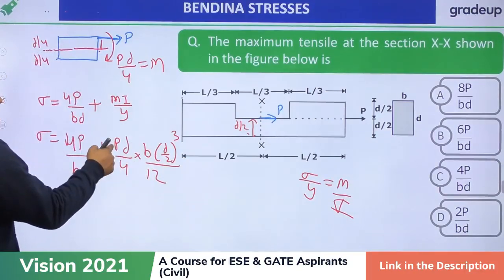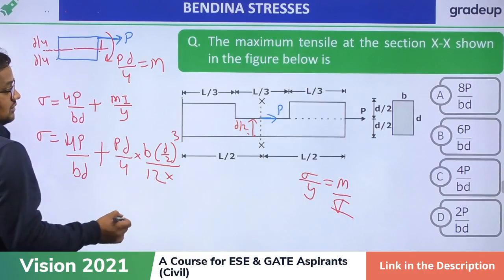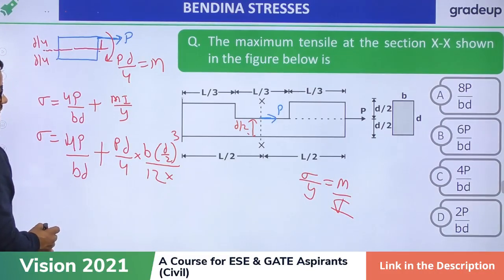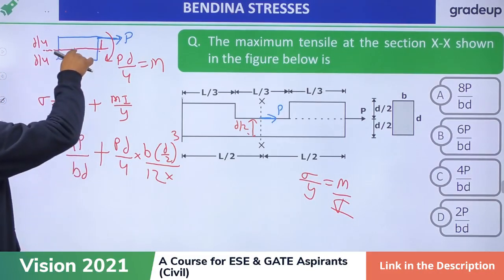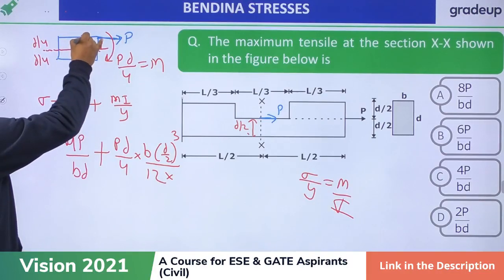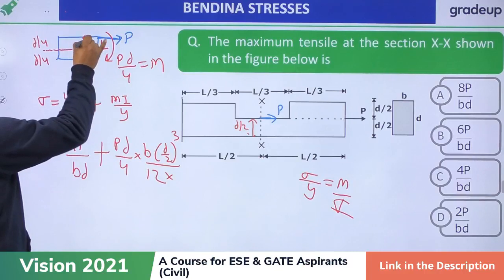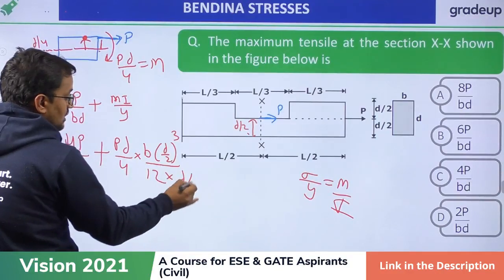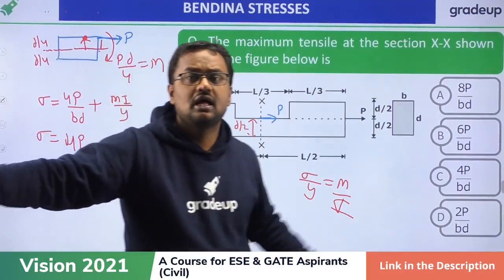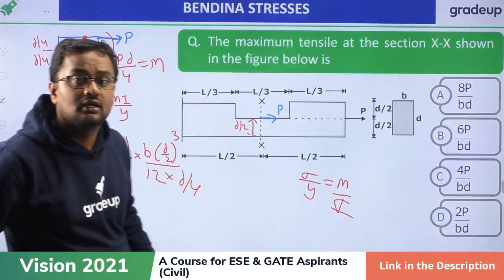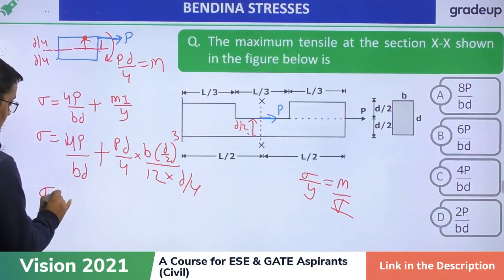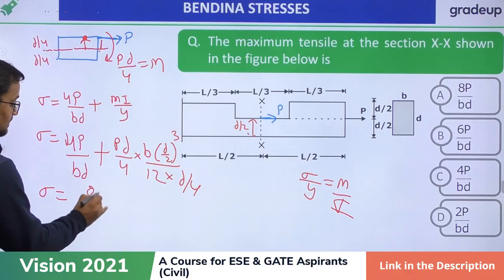This is I, this is M. And y is how much? From the neutral axis, the top distance is D by 4. I am not going into the calculation, and the answer if you solve this will be 8P by BD.